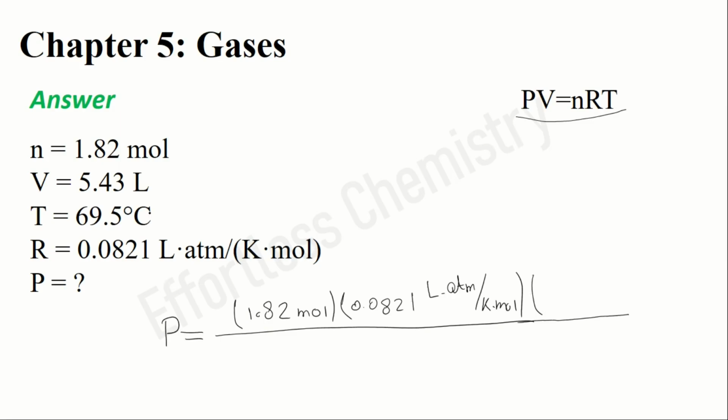Of course, the temperature in degrees Celsius has to be converted to Kelvin, so we add it to 273 Kelvin in order to change the unit, divided by the volume, 5.43 liters.